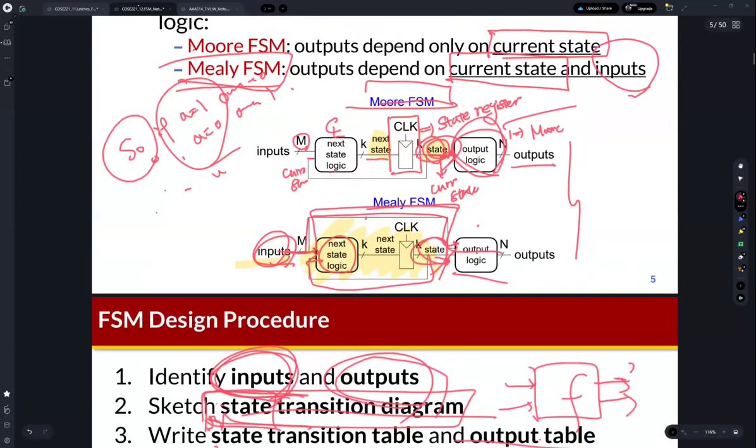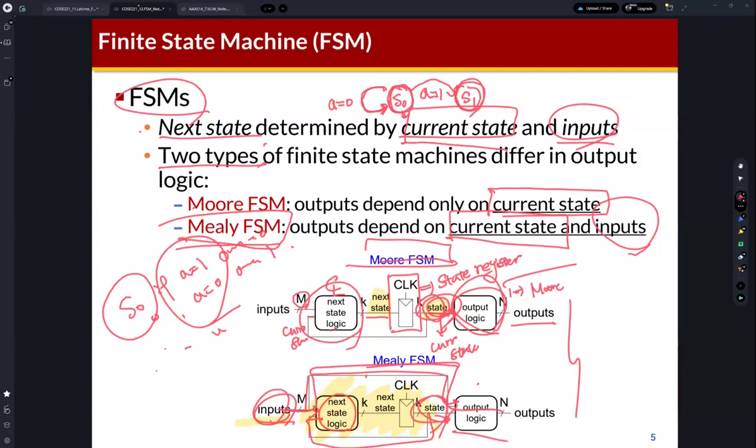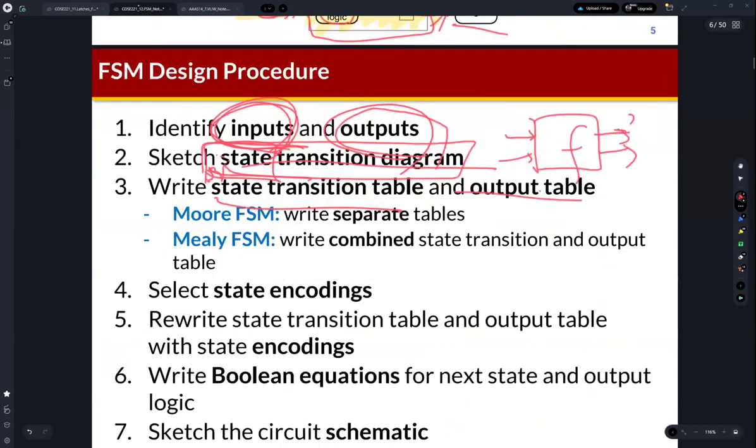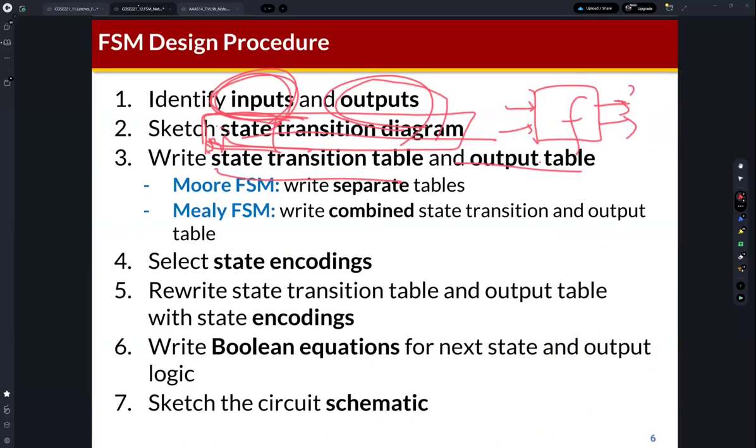So like this, you can find the next state logic and then the output logic. The next state logic determines the next state, and the output logic determines output signals. So we need to build combinational logic in an FSM. Like the truth table, we can make a table also.